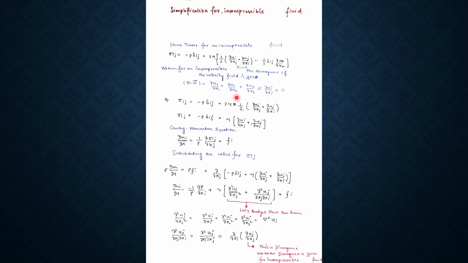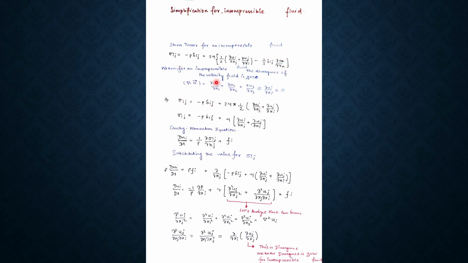That thing will be useful over here. So from previous analysis, the general expression for the stress tensor has been obtained to be of this manner. Now from the continuity equation, we get that for an incompressible fluid, the divergence of the velocity field would be 0. That way this del u_k by del x_k becomes 0.